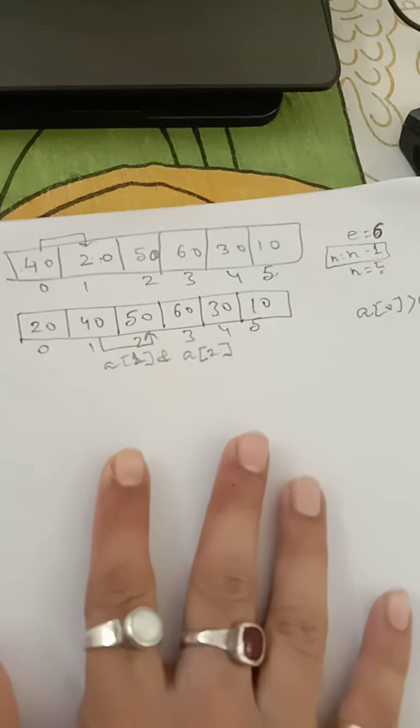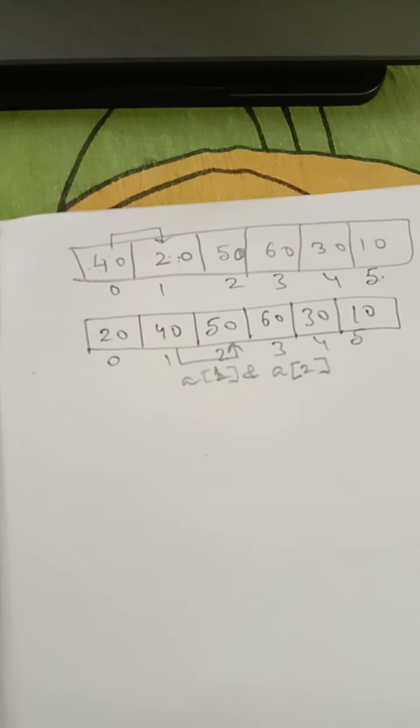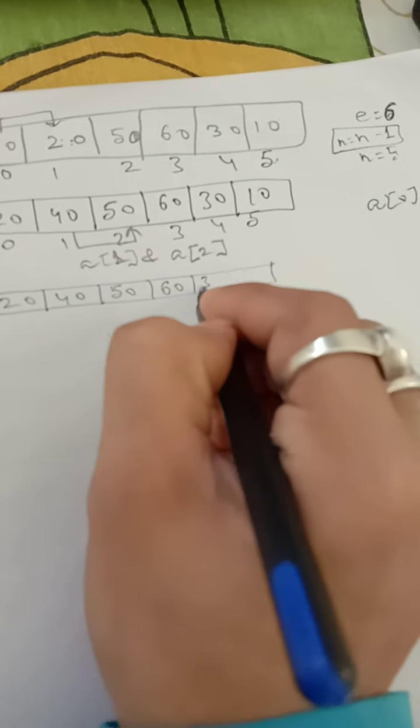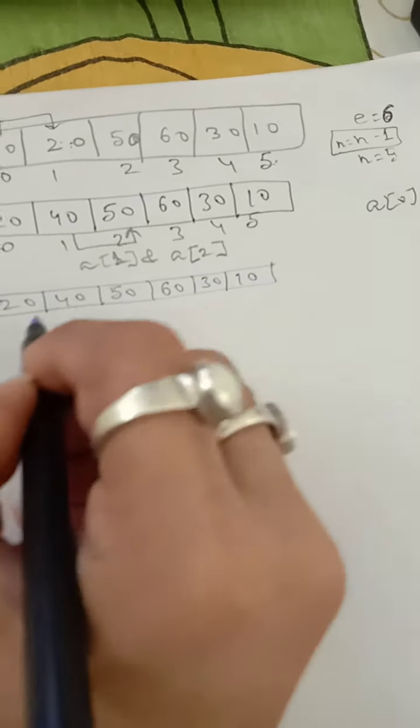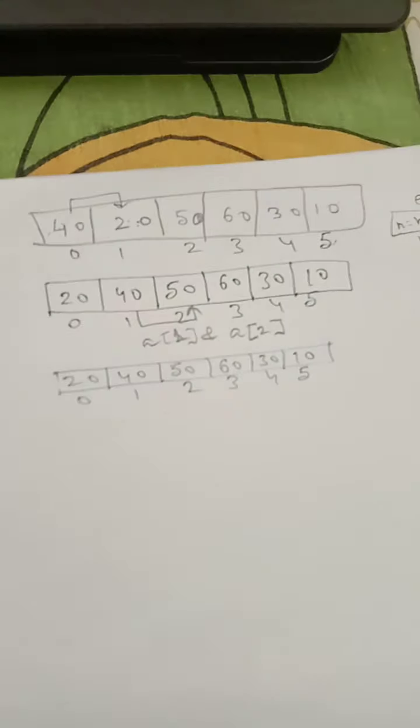No, it is not greater than 50, so we will not swap the elements. The elements remain as they are: 20, 40, 50, 60, followed by 30 and 10, indices 0 1 2 3 4 and 5.